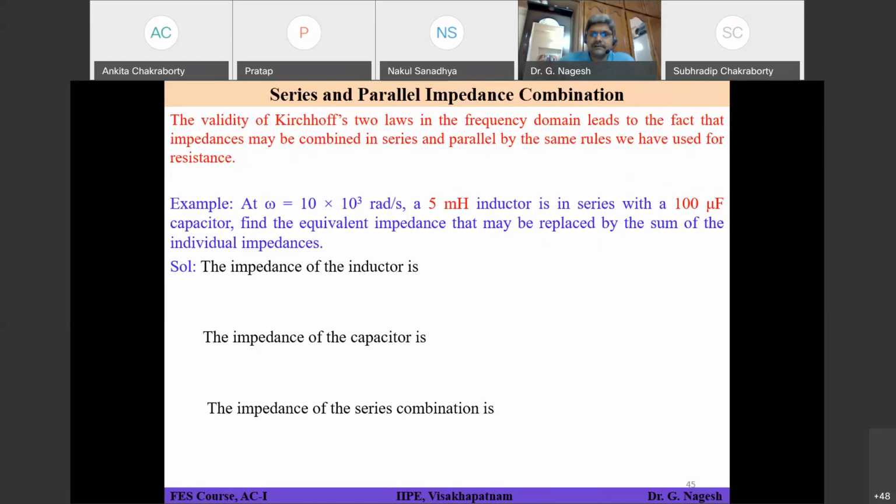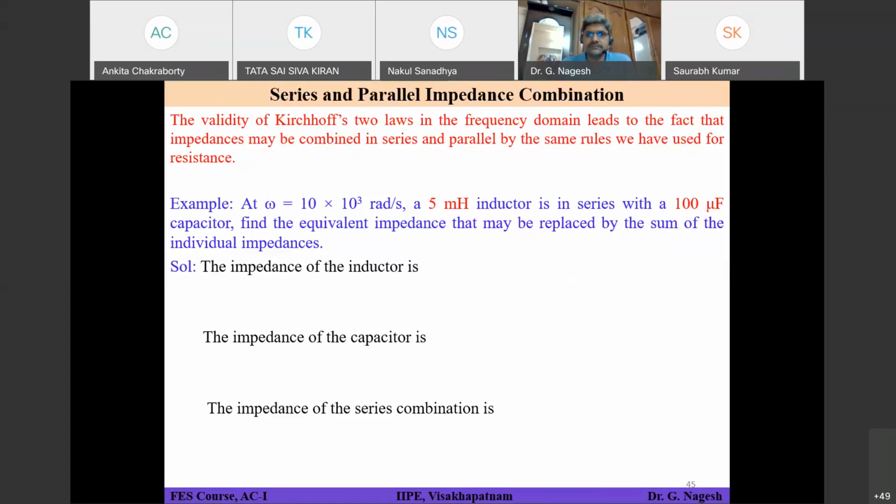Try to calculate what is the impedance for the inductor. How much? 50 ohms. Okay, so what you have to do: we will call it inductive reactance, and you can represent it with XL.